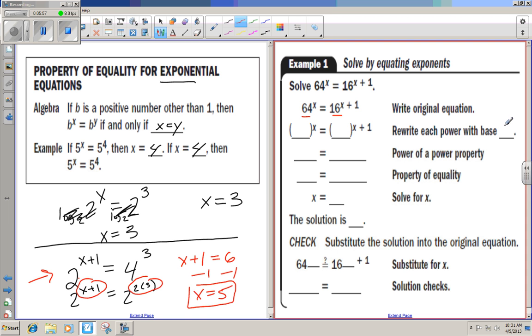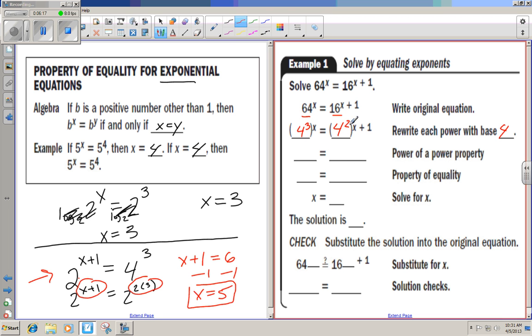Rewrite each base with a base of 4. That means this is 4 squared, and this is 4 cubed. If you didn't know that it was 4, it could also have been 2, and you'd still get the same answer. So let's do some work here.